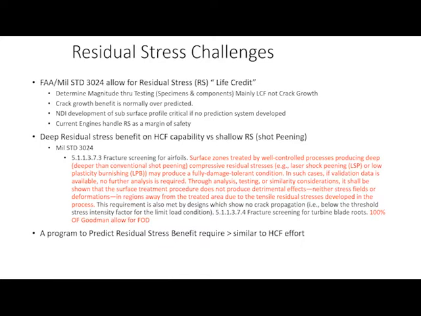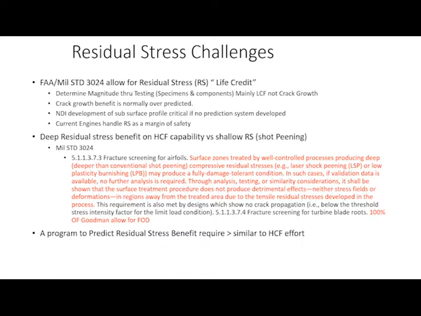NDI development is critical if no prediction system has been developed. And the bottom line is there's limited subsurface NDI that's non-destructive. Since there is limited subsurface NDI, the industry has been driven by the specification documents to focus on prediction systems, which still have some limitations, which is why current designs handle residual stress as a margin of safety.